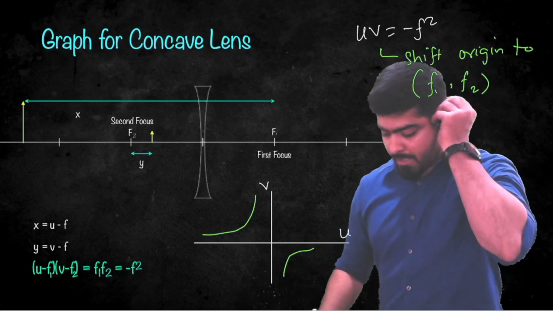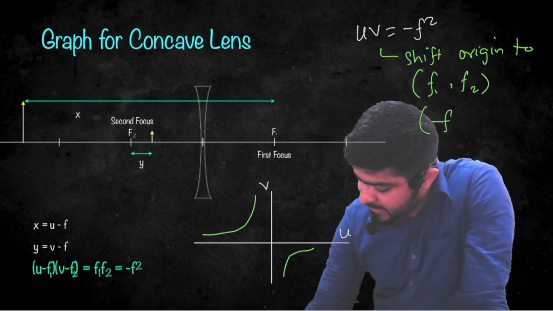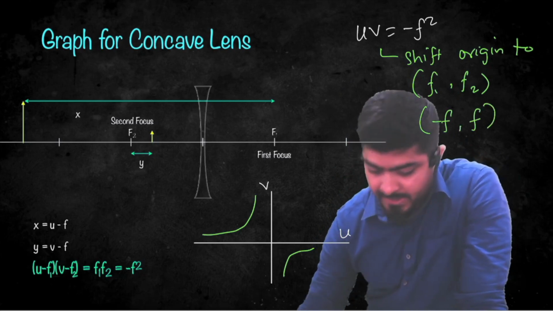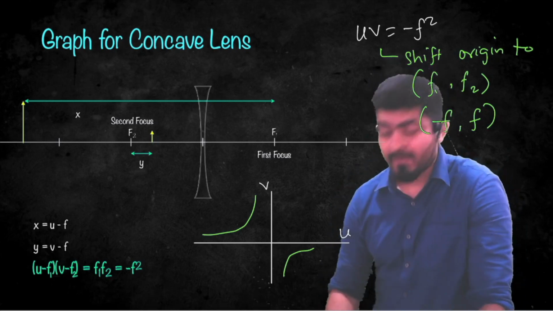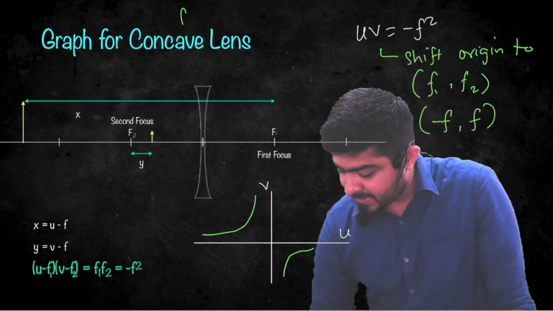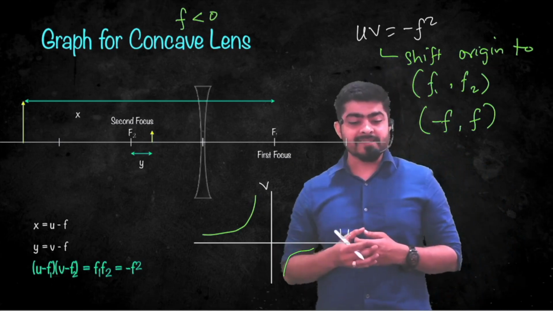Again, f1 is what? f1 will be minus f and f2 will be plus f. But for concave lens, f itself is negative.